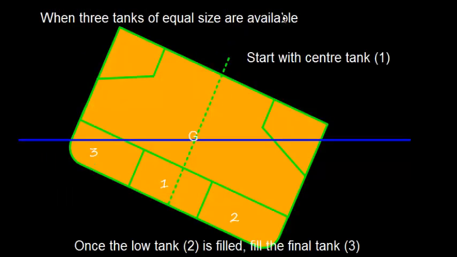When three tanks of equal size are available, start with the center tank first. So this will reduce the KG or bring the center of gravity down faster. Later on, start ballasting this low tank first after the center tank, because the distance from the center line is large, so that will have a greater effect to bring the center of gravity down further. And once this low tank is filled, fill the higher tank so that the center of gravity comes back to the center line again.